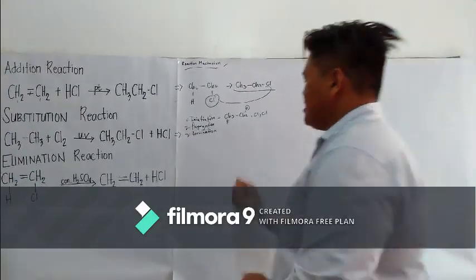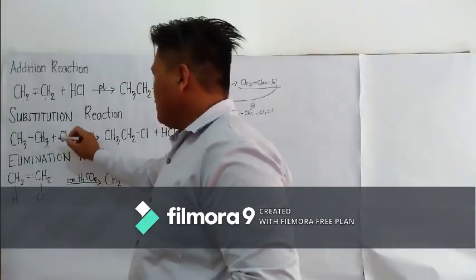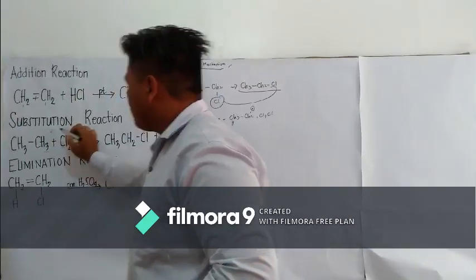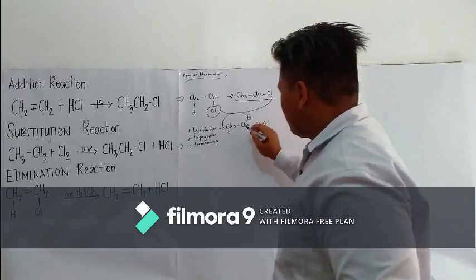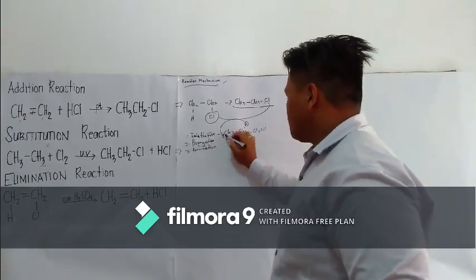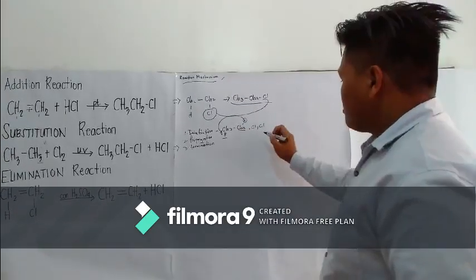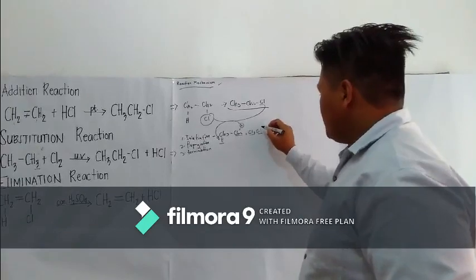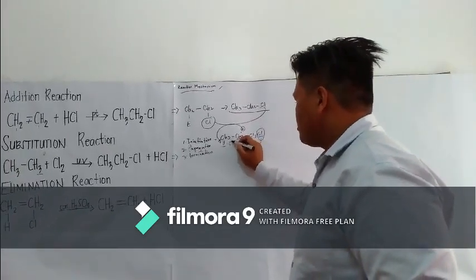In the part of initiation, this is a CH3. So we need to take one hydrogen here. In this part, you see the hydrogen, we take it from the CH3, so it will become CH2. And the hydrogen we take goes here. Then the chlorine, we need to connect it or attack the hydrogen here.